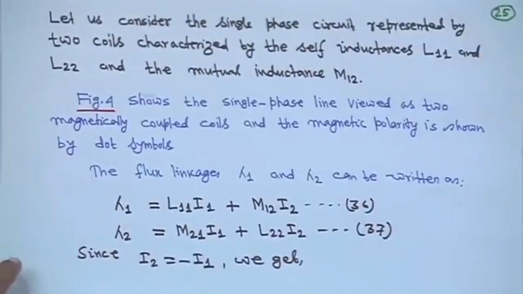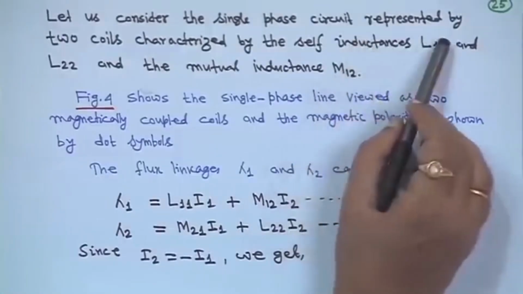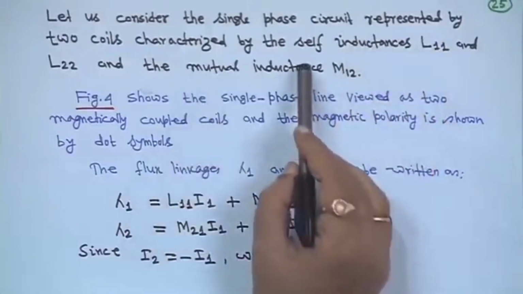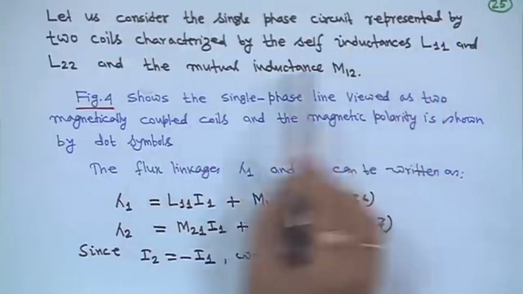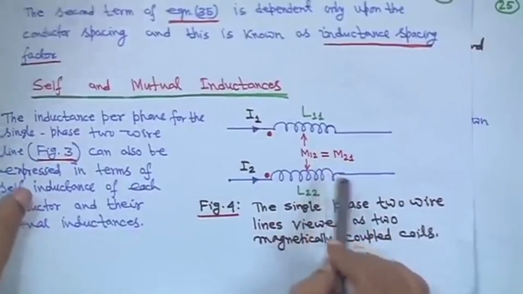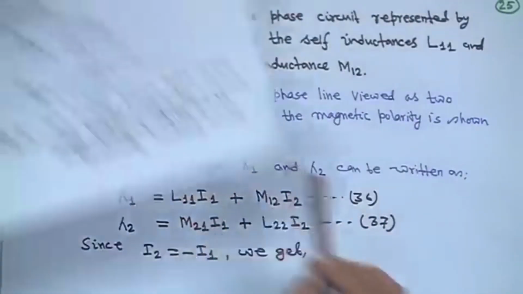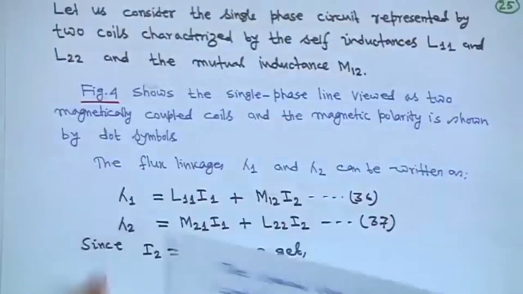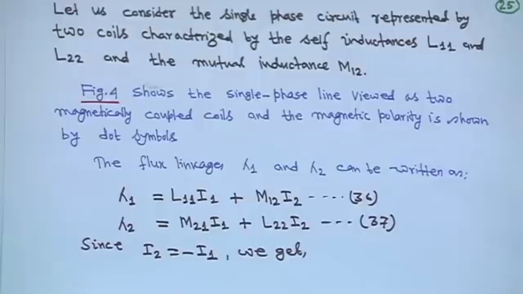Let us consider the single phase circuit represented by two coils characterized by the self inductances L11 and L22 and the mutual inductance M12. Figure 4 shows the single phase line viewed as two magnetically coupled coils, and the magnetic polarity is shown by the dot symbol.